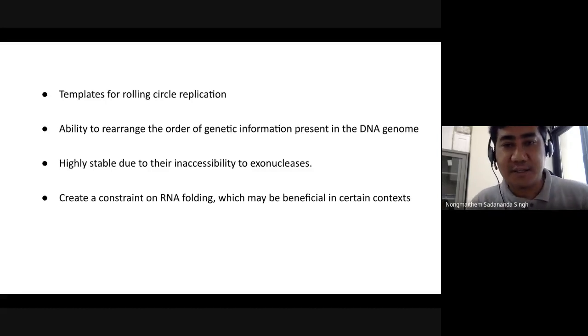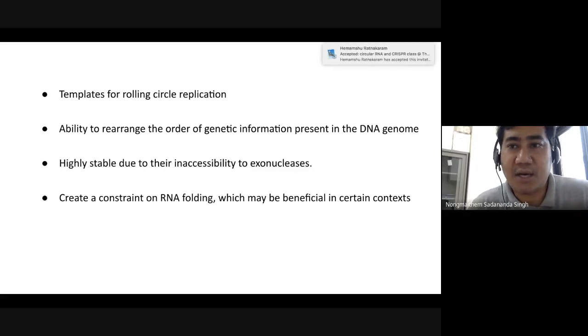So RNA viruses do have circular RNA genomes as well, and these circular RNAs may help in the rearrangement of the exons. We are not going to discuss that in detail in today's class, because we want to go ahead with a simple understanding of circular RNAs. And these are some of the factors involved.